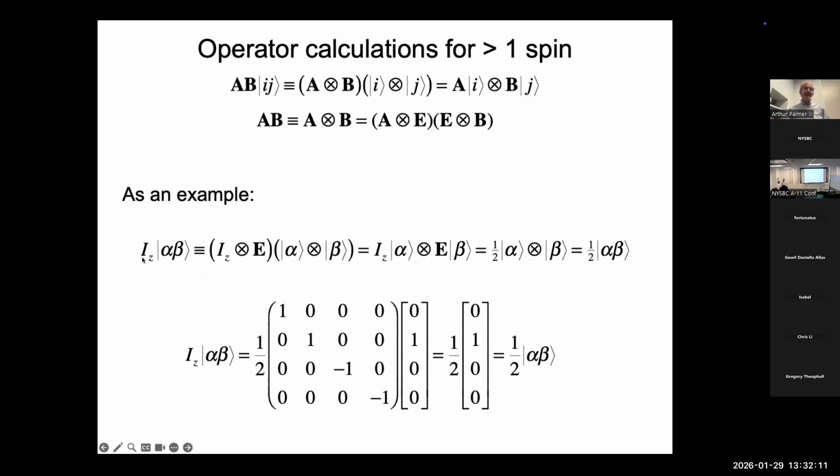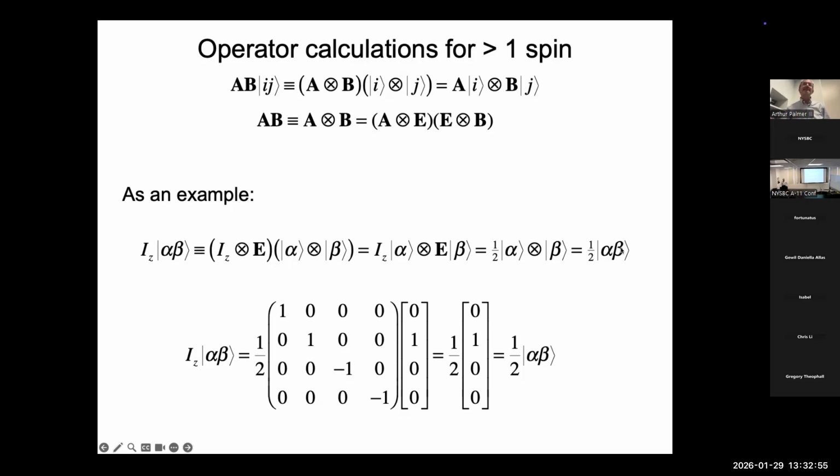Or I could say, well, this really says I have IZE, because the E is always there if I don't have an S representation. So the IZ acts on alpha, and I know IZ acting on alpha gives back 1/2 alpha, and E acting on beta gives back beta, and that's shown here. So IZ acts on alpha, I get back alpha. E acts on beta, I get back beta. So I then have the direct product of 1/2 alpha with beta, and that's the state that I write like that.